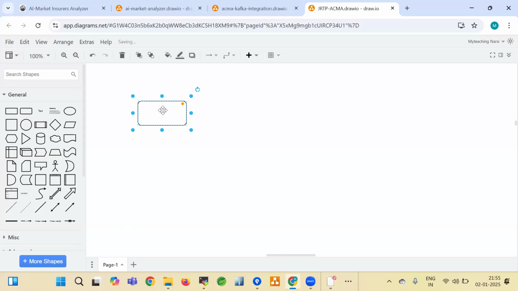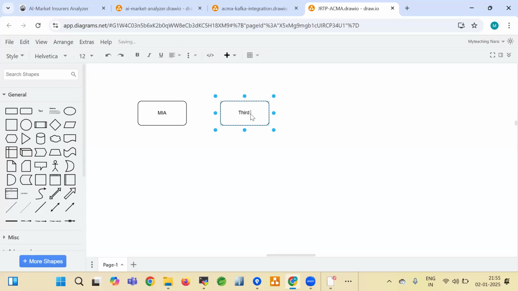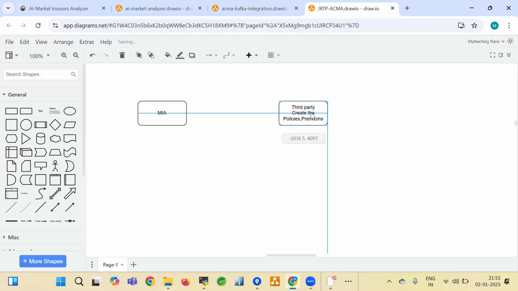This is what our MIA is, and this is the third party product which will create the actual policies and then the premiums. But this third party system requires an input.